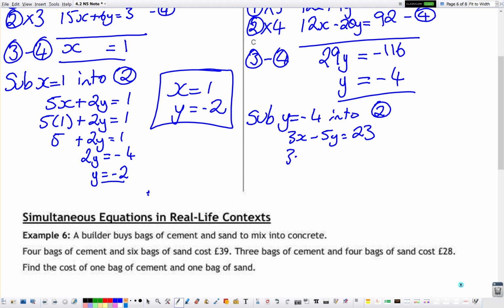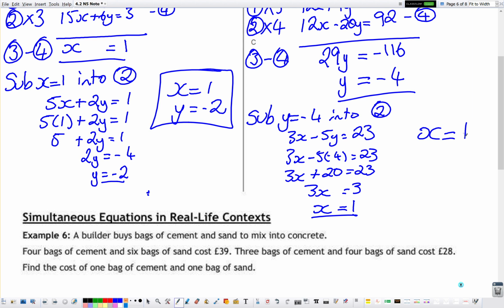So that's going to be 3x minus 5 times minus 4 equals 23. So that's 3x plus 20 equals 23, which is going to become real simple in a second. Take away 20, 3x equals 3, so x equals 1. So my solution in alphabetical order, x equals 1, y equals minus 4.